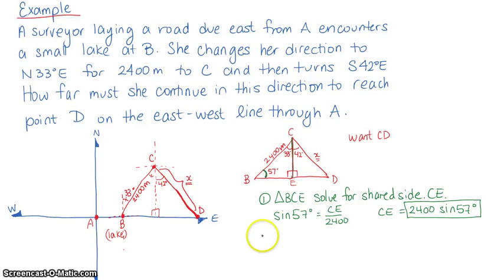So the second step, we're going to be looking at triangle CED, and we need to solve for side CD. We have an angle that's given, it's 42 degrees, so based on that angle, we want to solve for the hypotenuse, and we have an equation here for the adjacent side.